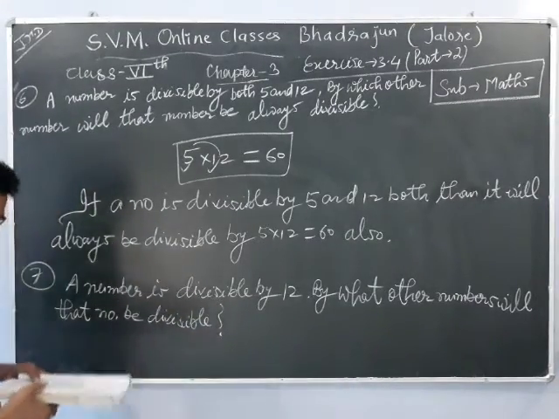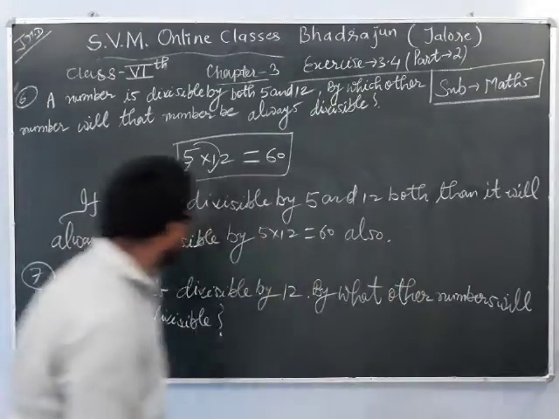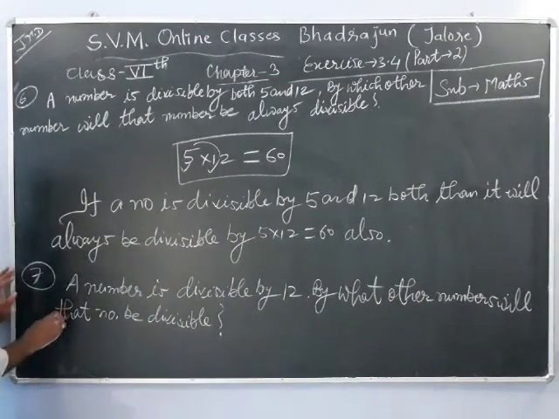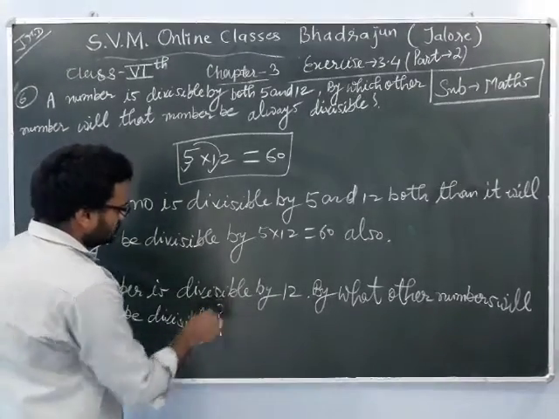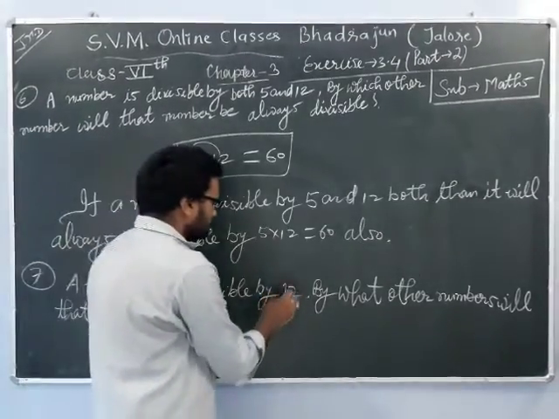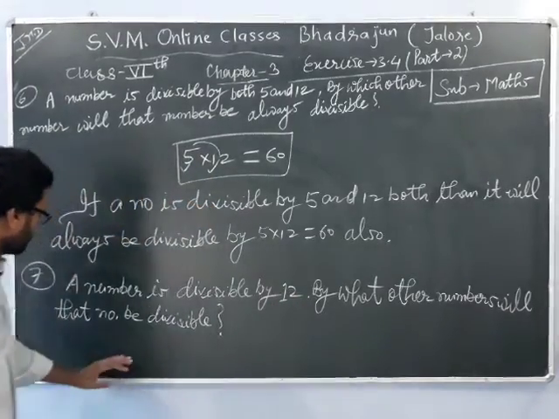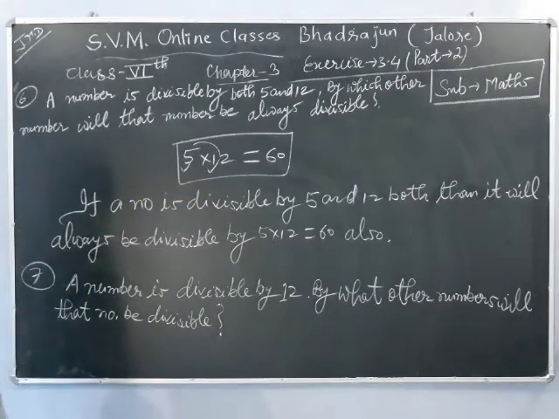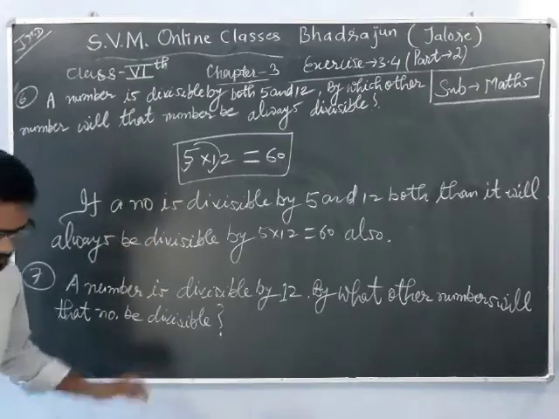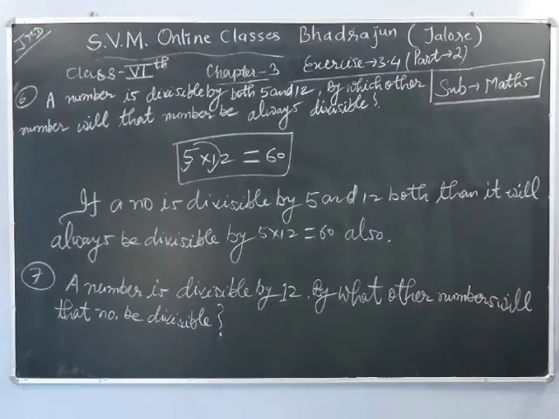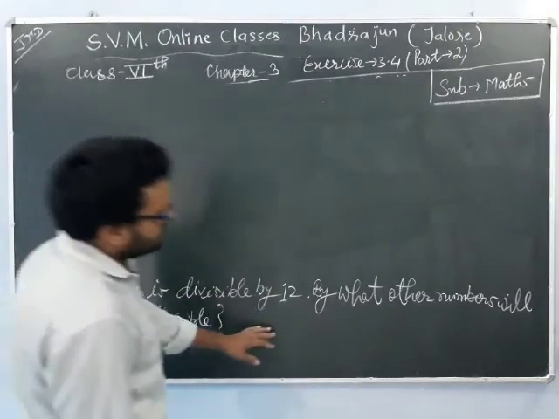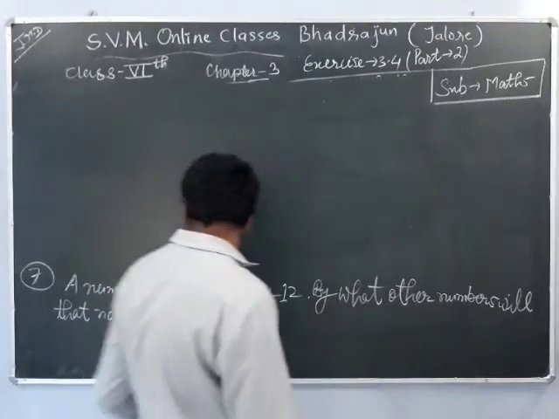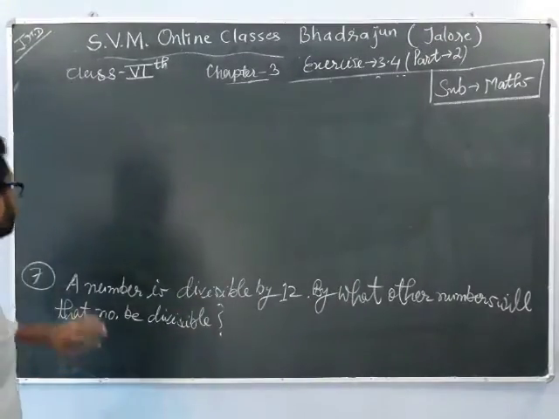Okay, so here in our 7th question, first just note down, after that I will rub it and solve the next sum. A number is divisible by 12. By what other number will that number be divisible?